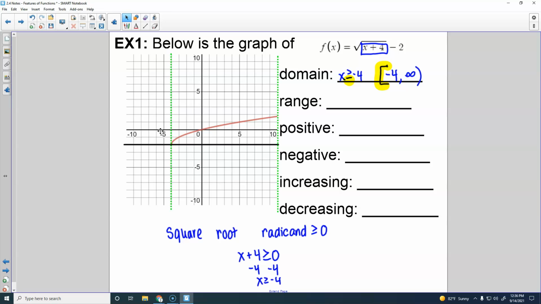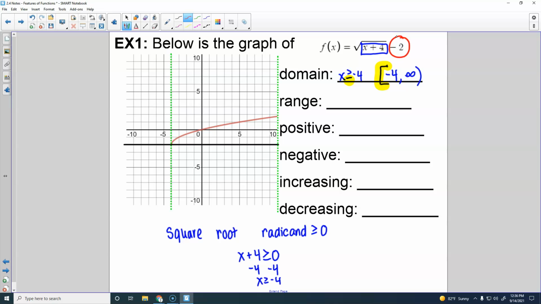Okay, range. From the equation, what you need to look at for range for a square root is this right here. The range of a square root graph is typically from 0 to infinity. So you need to think about whether or not the graph's been flipped upside down and whether or not it's been moved up, down, left, or right.